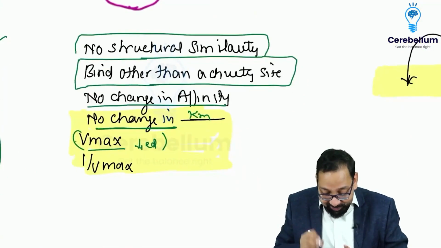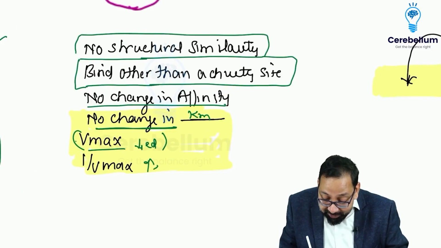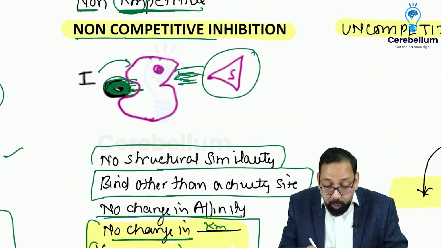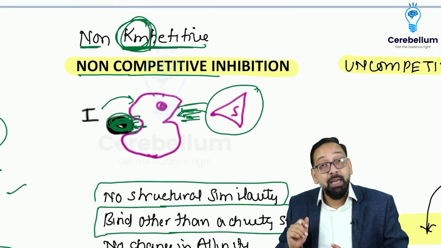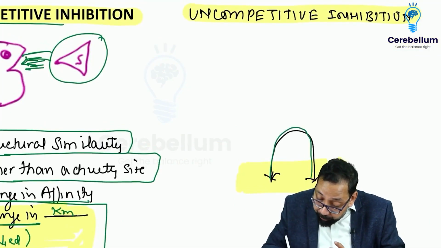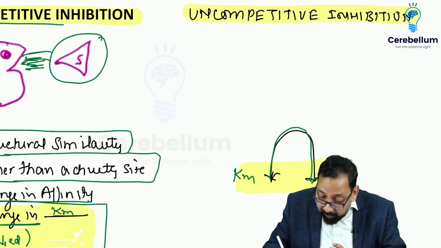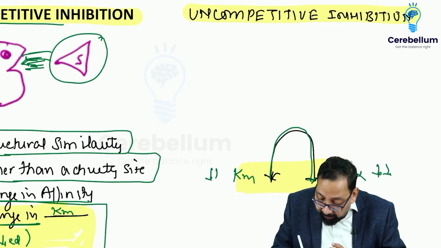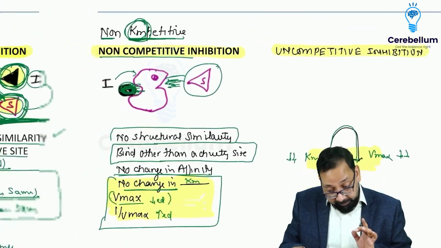So Vmax is decreased. So 1 upon Vmax is increased. So these three are important. Mnemonic is non-competitive, no change in Km. Now uncompetitive. If I write inverted U and write here Km, here Vmax, both Vmax and Km are decreased in uncompetitive inhibition.